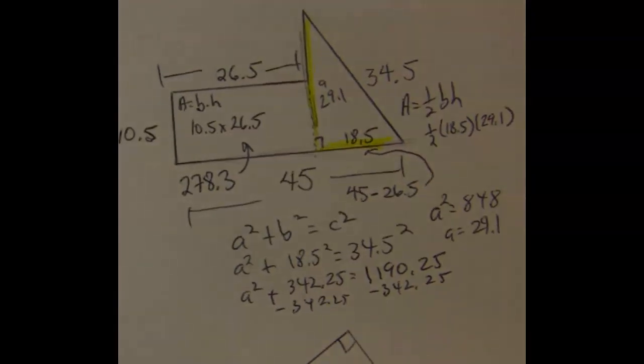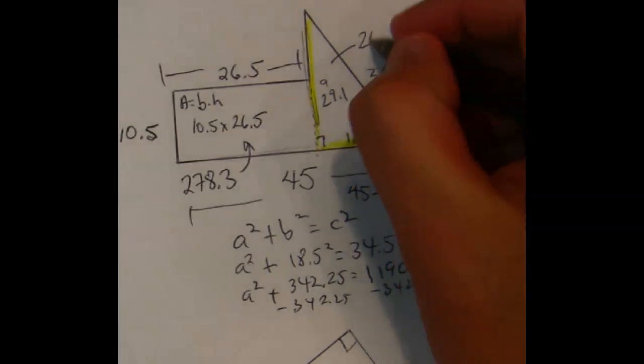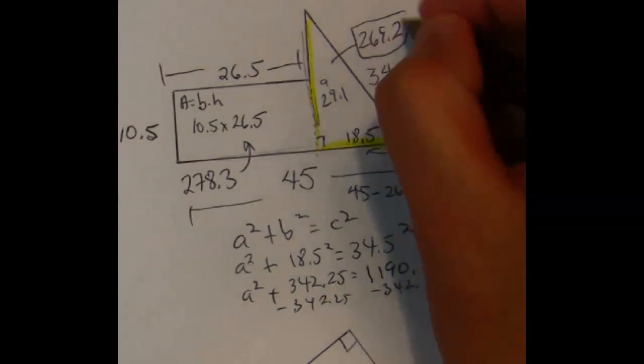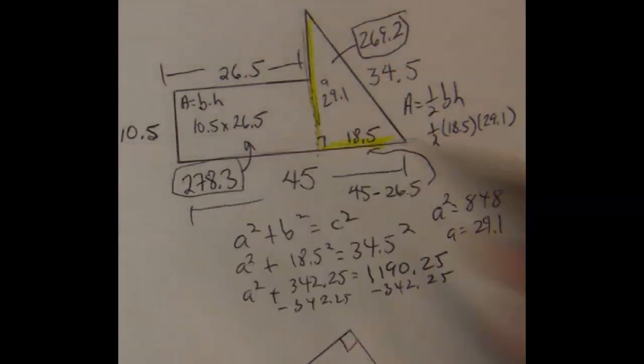29.1 times 18.5 divided by 2, and we get 269.2. This is the area of the triangle.